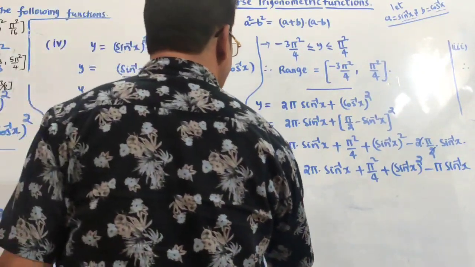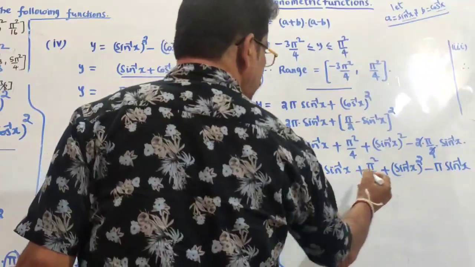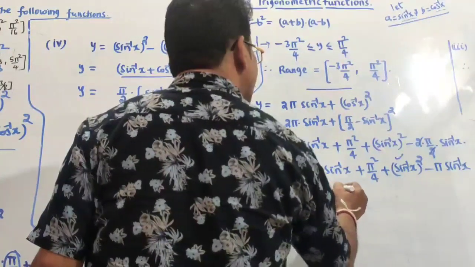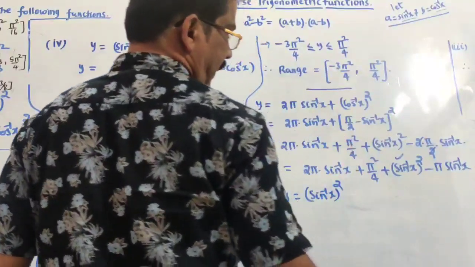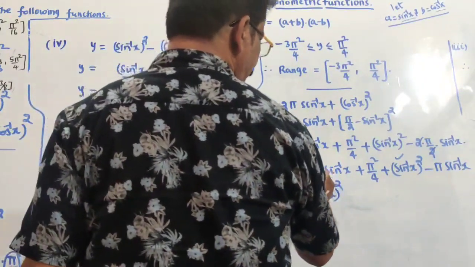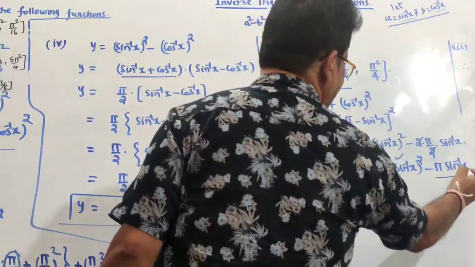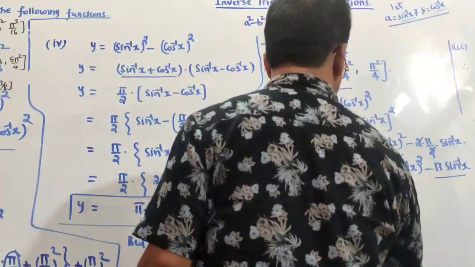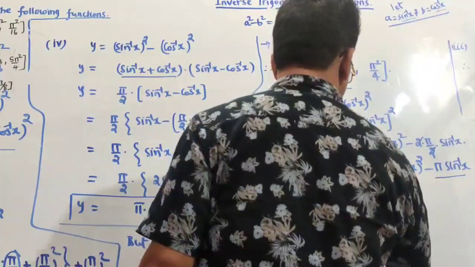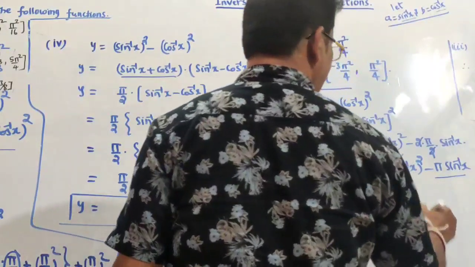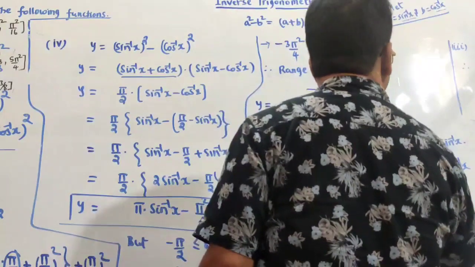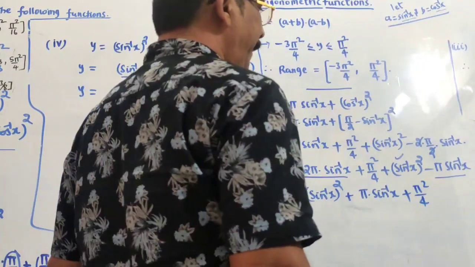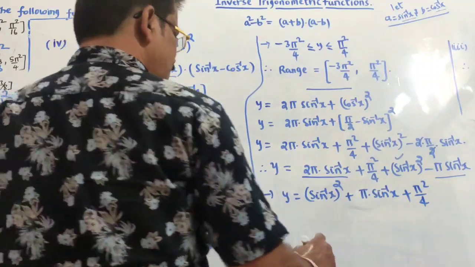So that implies y equals first sin inverse x whole square. Next, 2 pi sin inverse x minus pi sin inverse x means only one pi sin inverse x, plus pi square by 4. Later we try to express this value as a perfect square.